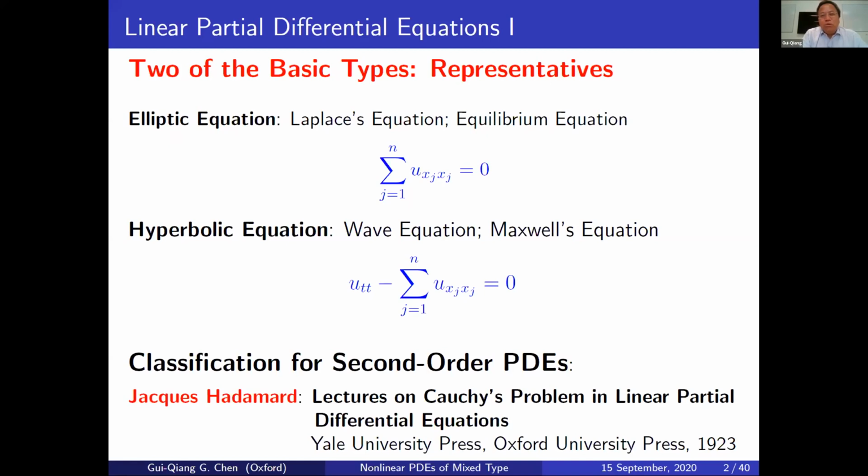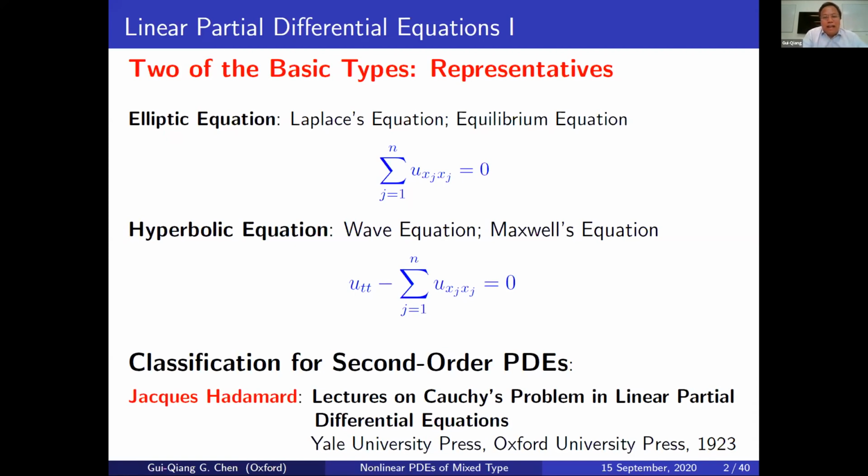Solutions are called harmonic functions or potential functions. Those equations look very similar. You could also regard the solution of the Laplace equation as the steady state of the wave equation. But the solution behaviors of those two are very different.